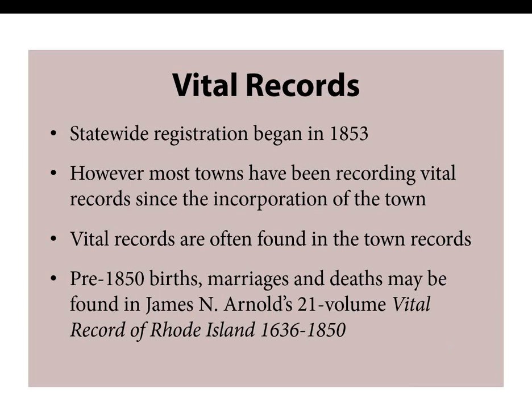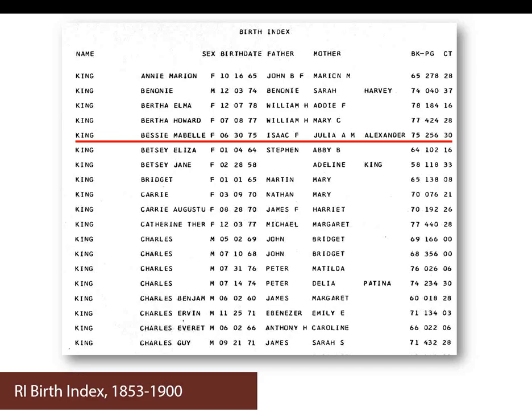But before we get into the early stuff, let's take a look at some of the things that you can do with those that begin and have the indexes that start around 1853. There are indexes that go up to 1900, and then there are some indexes that go past that that may be available either by state, for the whole state, or by county in some situations, or town.